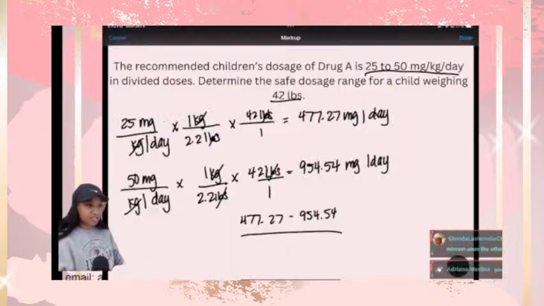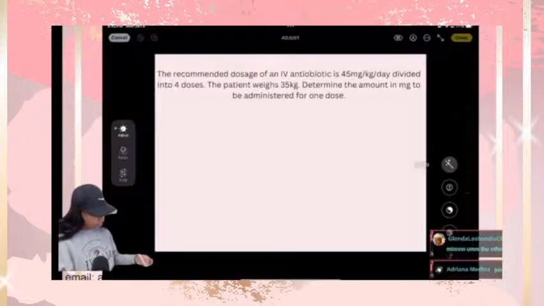While I'm scrolling through, and recommended 45 milligrams per kilogram. Oh, this is a good one. Let's look at this one. Wait a minute. Okay, I got you one. I got you one right here. Here you go, Glenda.